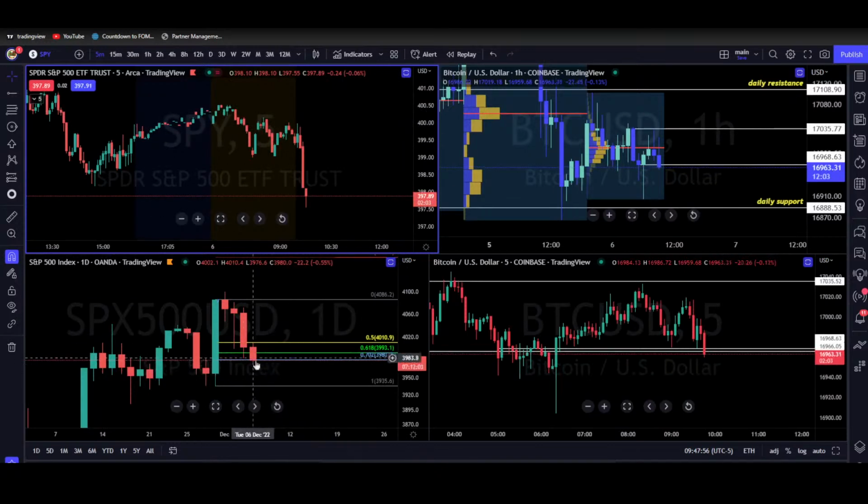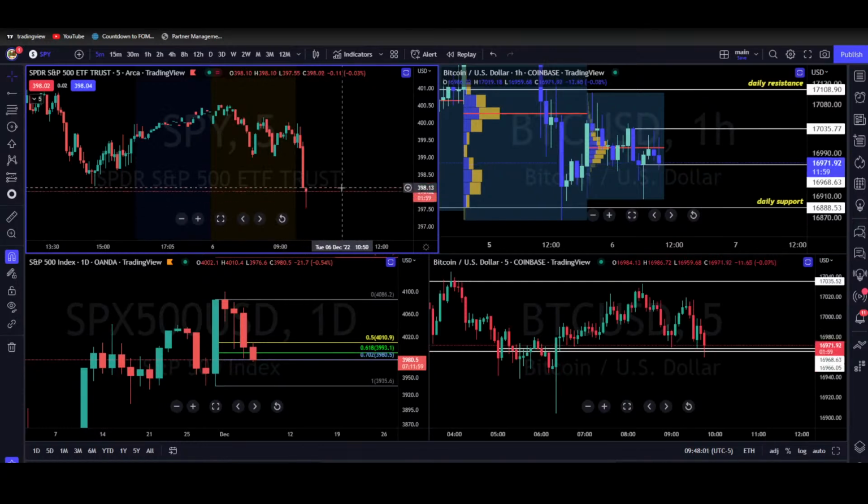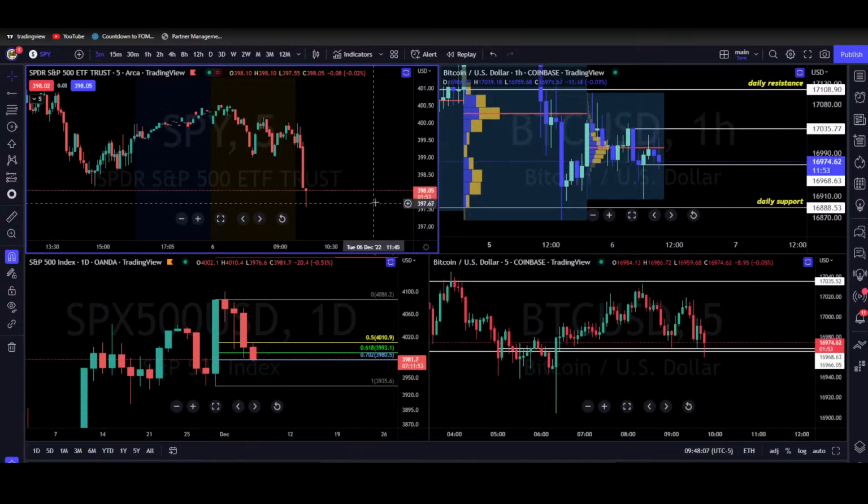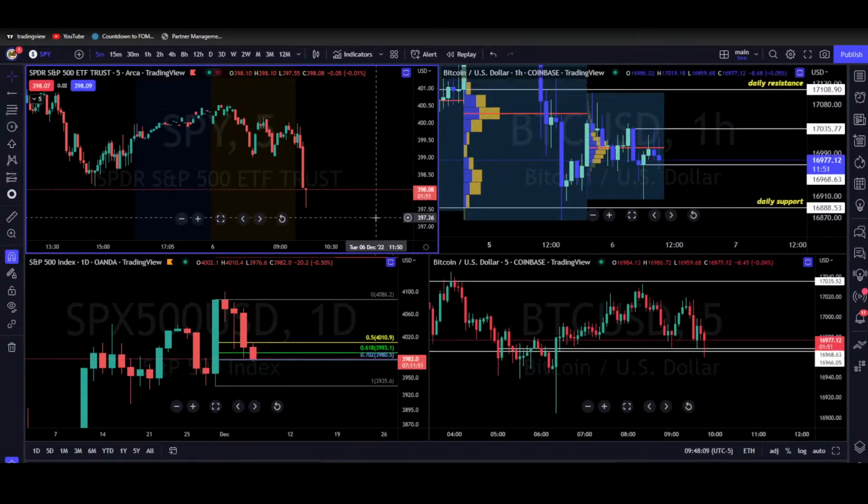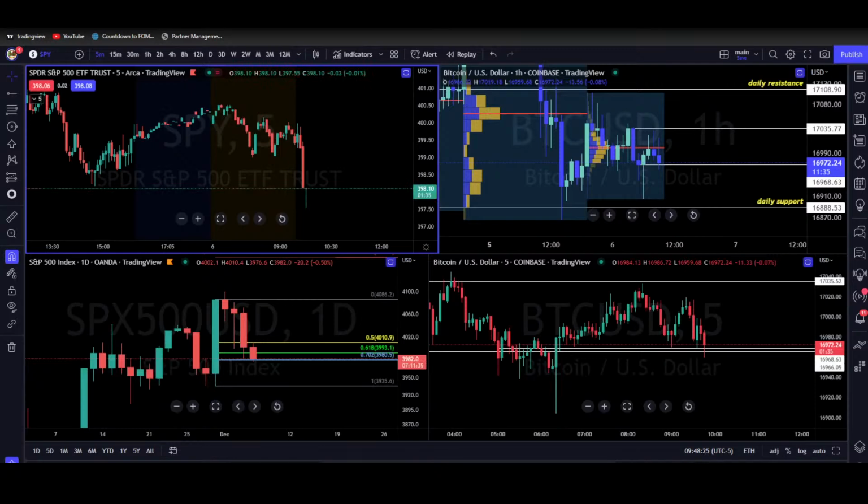If we make this low, trade up for a little bit, 15, 20, 30 minutes or whatever, and then come down and make a fresh low, then I will exit that position, because clearly it's not doing what I want it to do. And if it's not going to do what I want it to do, then I do not want to sit in a losing position.